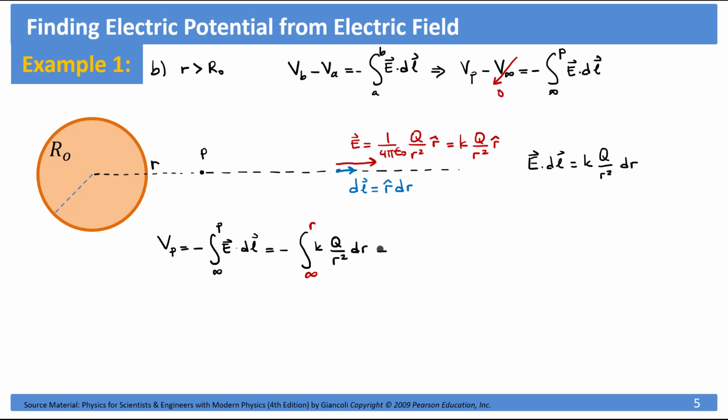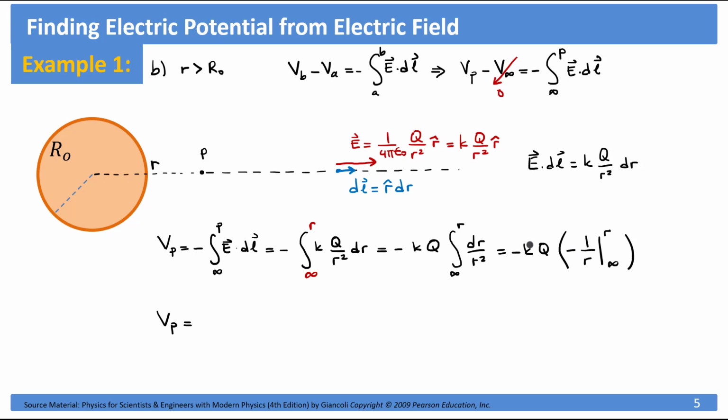And if we continue with this integral, let's take the constants out. k is constant, q is constant, so we're going to have k q, and in the integral we have just dr over r squared from infinity to r, and the integral of 1 over r squared is minus 1 over r, with the limits from infinity to r. And if we plug in the limits here, when you plug in infinity, 1 over infinity will simply give you 0, and when you plug in r, you are going to end up with just 1 over r.